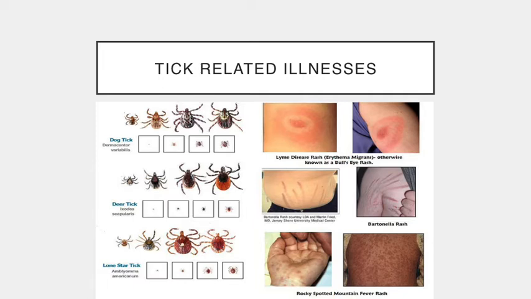Some patients will come in and say they have a bullseye, and it will look exactly like that. So always want to do a good full body scan, especially if they say they had a tick on them. Sometimes you'll never see the bullseye rash, so that's not always a presentation, but it could be. And then any other kind of rash with a related tick bite, you may consider treating for Lyme.